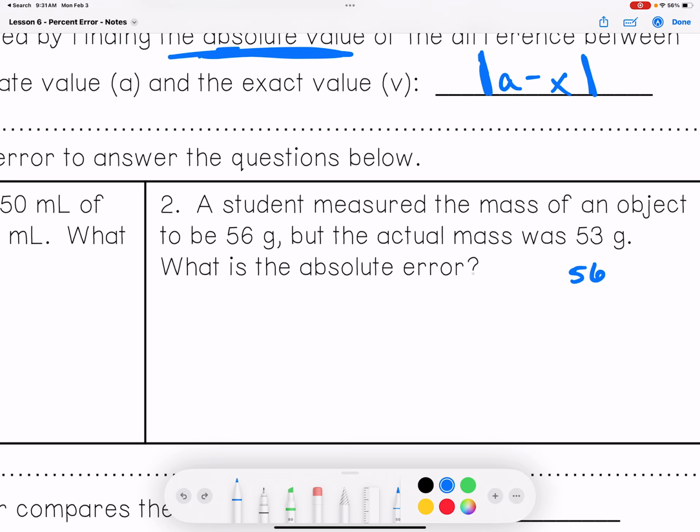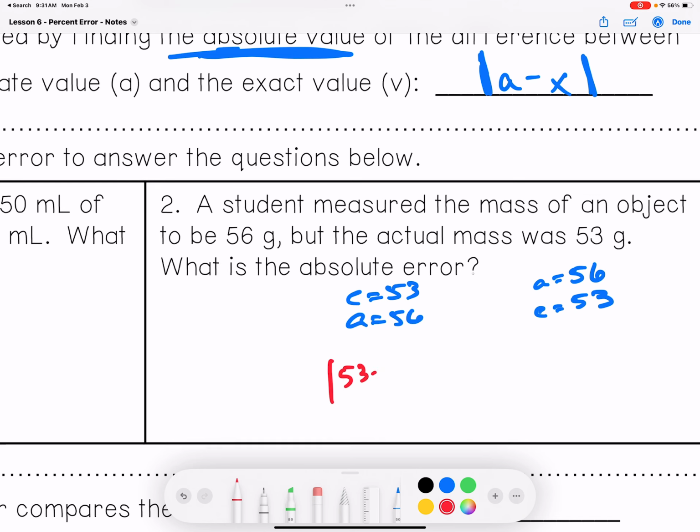Approximate was, but I also want to show you something here. Let's say you said exact, because the student measured it at 53, and the approximate was 56. We're going to do it both ways.